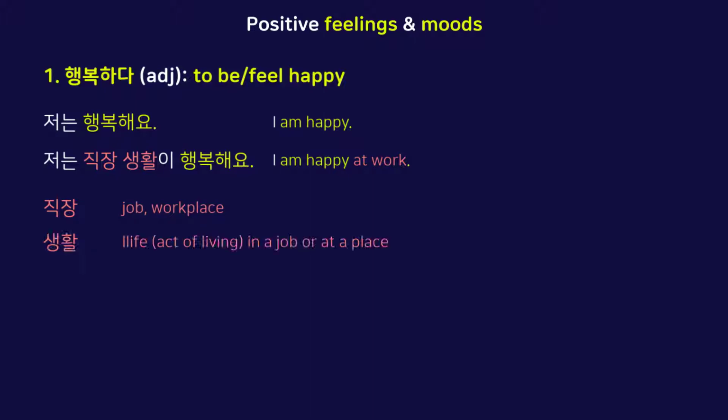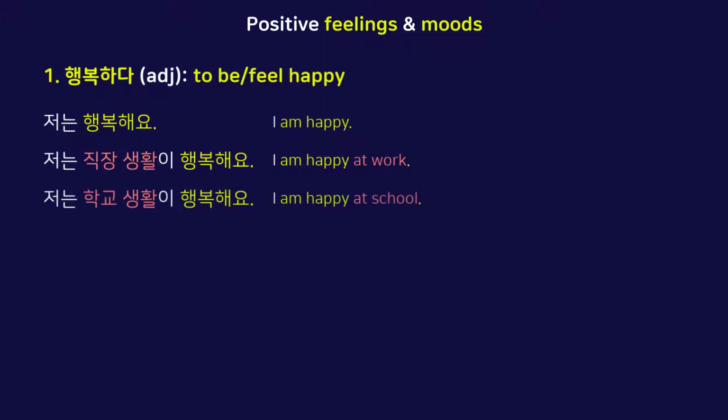And 생활 is a noun that refers to one's life in some job or at a particular place. So when we say 직장 생활, it's referring to the time one spends at his or her job, life in the job. And we can change 직장 with other nouns that refer to one's life somewhere else. So to say I'm happy at school, I can say 저는 학교 생활이 행복해요.